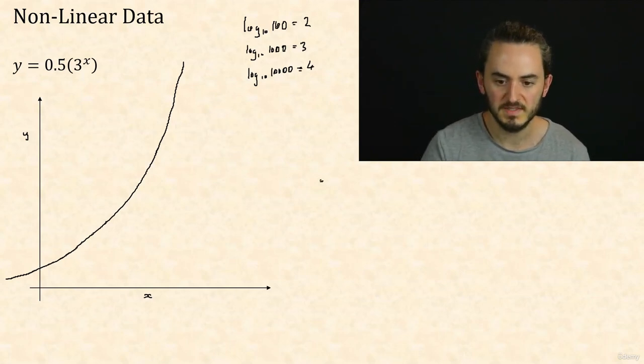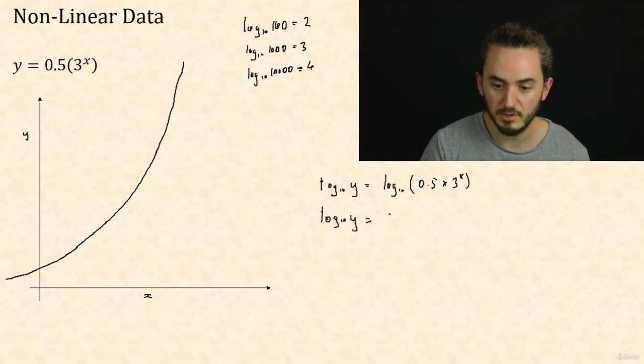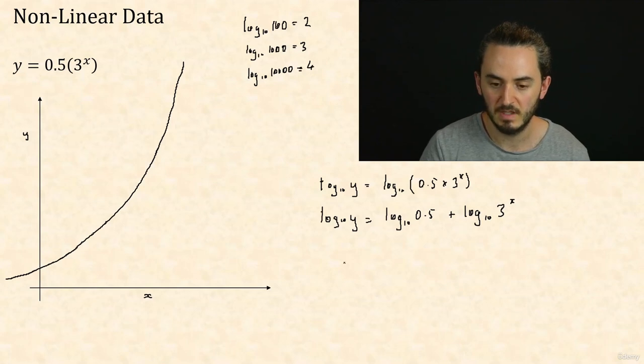Okay, if I do log base 10 of both sides, I get log base 10 of y equals log base 10 of a half times 3 to the x. Now, using some log rules, I can't do anything to the left-hand side, but I can to the right. I use my addition law. I get log base 10 of 0.5 plus log base 10 of 3 to the x.